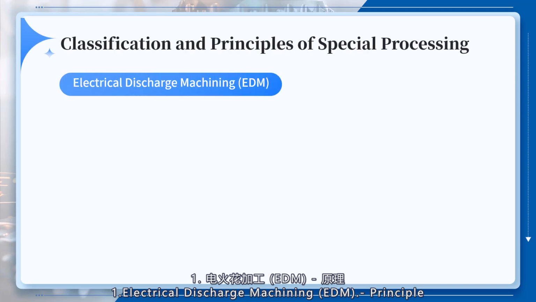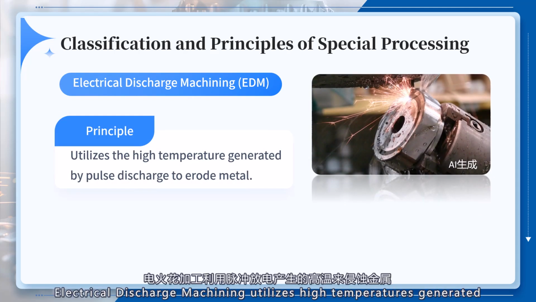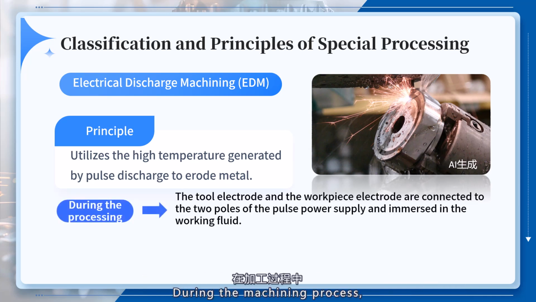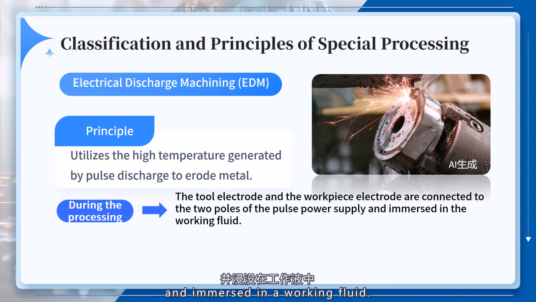1. Electrical discharge machining (EDM) principle. Electrical discharge machining utilizes high temperatures generated by pulse discharges to erode metal. During the machining process, the tool electrode and the workpiece electrode are connected to the two poles of a pulse power supply and immersed in a working fluid.